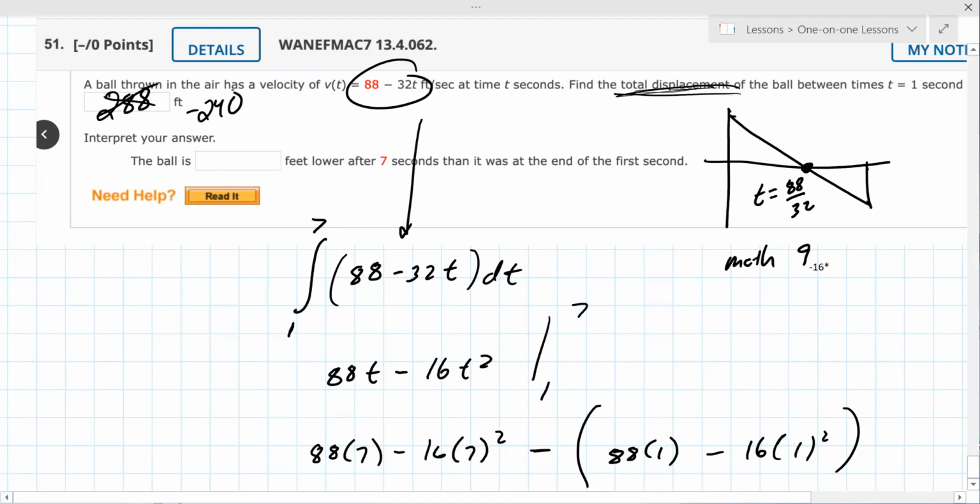Oh wait, was I supposed to put in the 88 minus 32? Yes, that's what goes in the calculator. Okay. So because it's negative, that's why it says lower. The lower is because it's negative there. So that's 240 feet lower after 7 seconds.